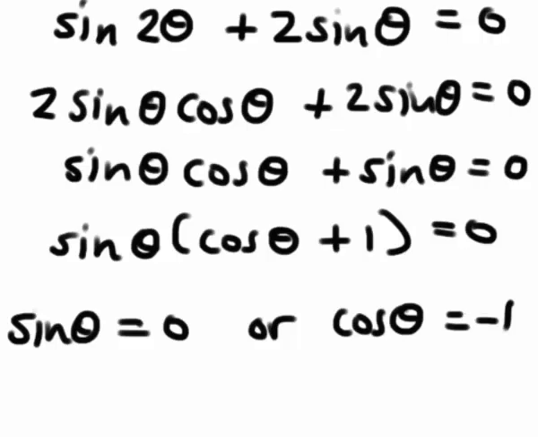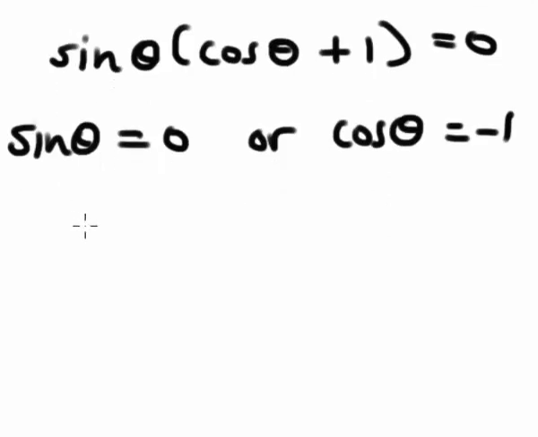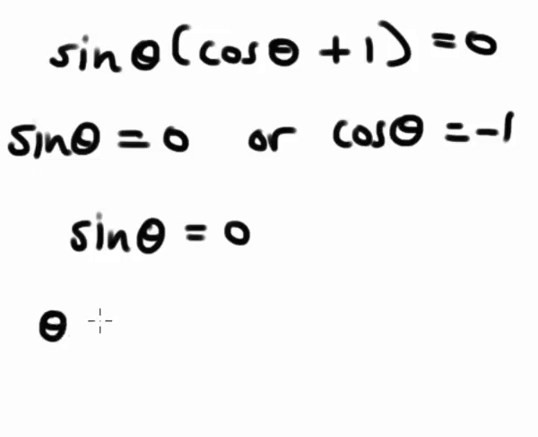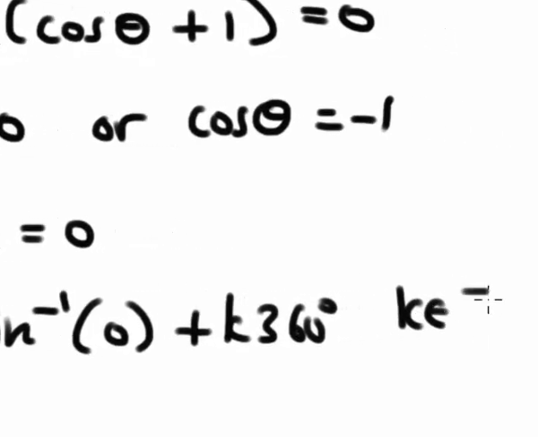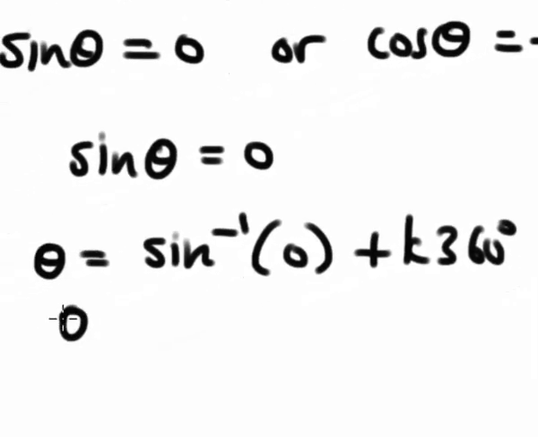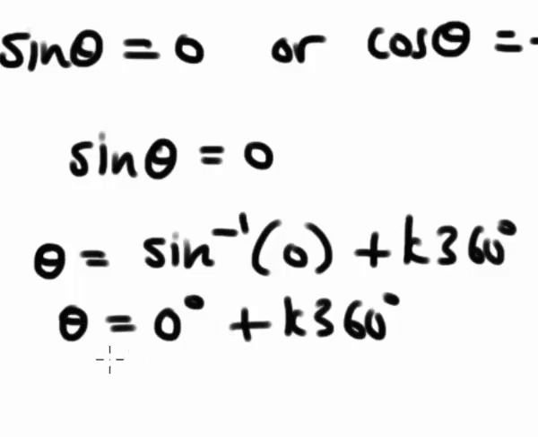Now for sine, let's just focus on the sine equation here. If sin theta is equal to 0, remember the trig equation said theta could be shift sin of 0 plus k 360. We'll put k an element of Z for everyone. So that gives you 0 plus k 360. There's your first general solution.